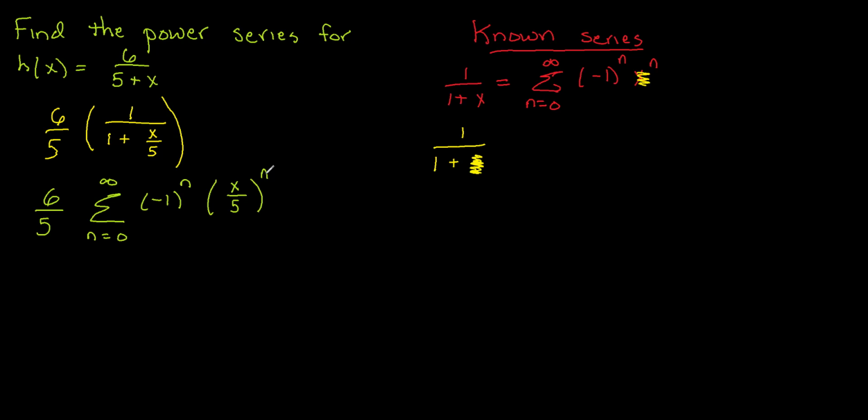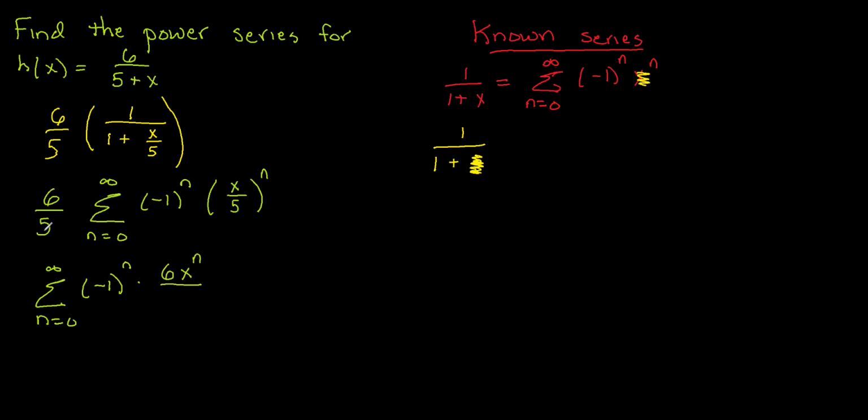Now, you could put this in a different form. You could bring your 6/5 back inside the summation notation. And so if you do that, -1 to the n is unaffected. And then I'll have in my numerator a regular old 6 times x to the nth power.